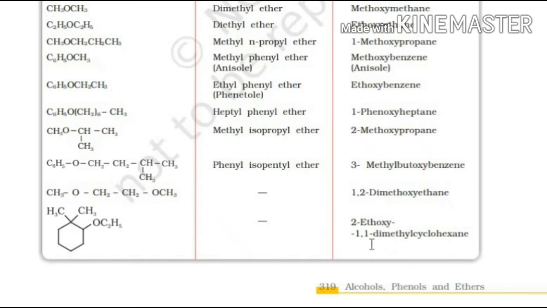Leave di for deciding alphabetic order. For alphabetic order we use M of methyl and E of ethoxy. So ethoxy comes first, because for writing the name we follow alphabetic order. So here it will be 2-ethoxy-1,1-dimethyl, and this is now cyclohexane.